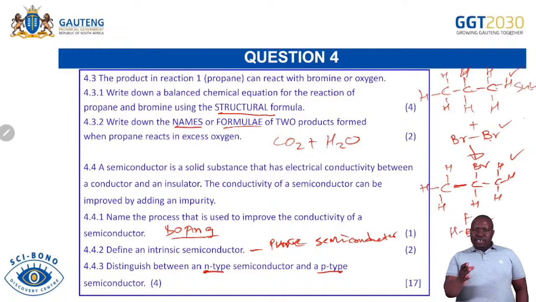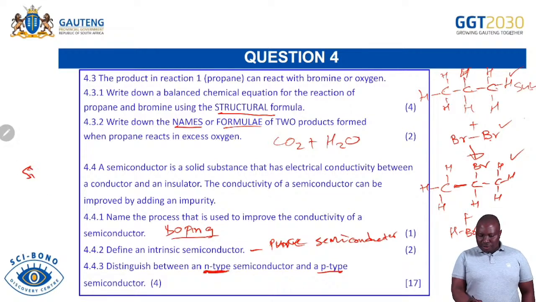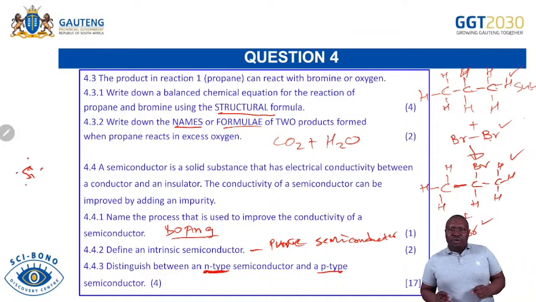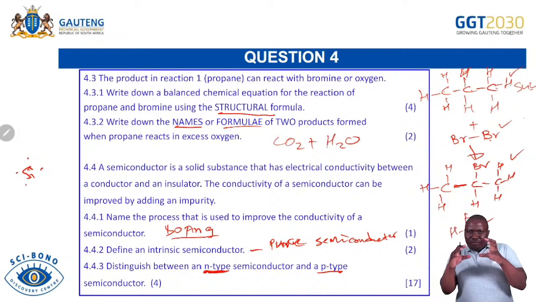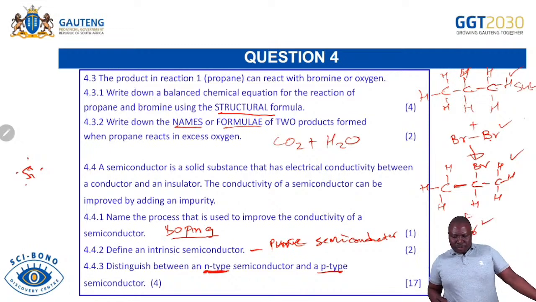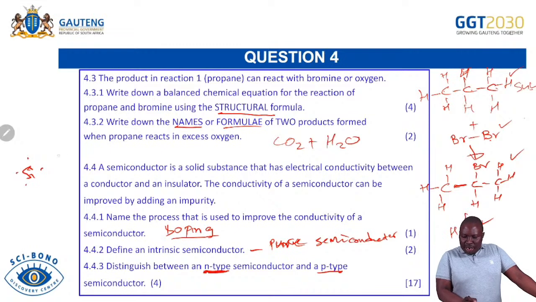So when you're differentiating between them, you will say the N type is formed when, remember, our semiconductor, in this case silicon, which we said is tetravalent, which means it has 4 electrons in the outermost energy level. Go again to the groups there, you will find that there are 4 valence electrons, which means they are running short of 4 electrons to be fully filled.